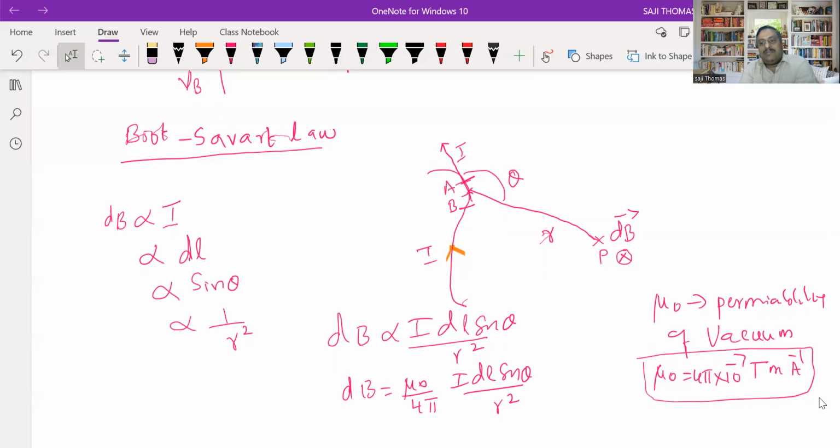This is the statement of Biot-Savart law.